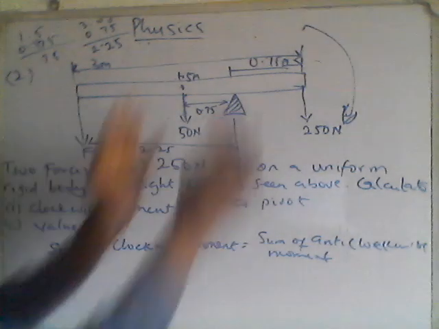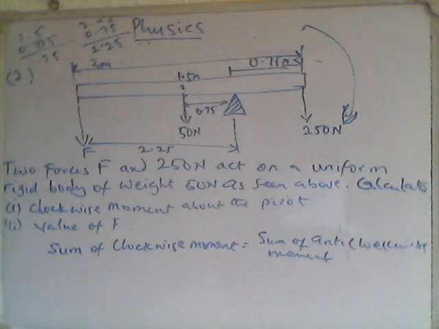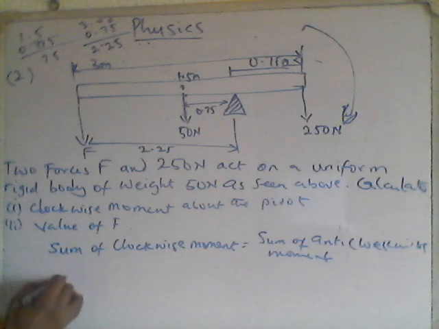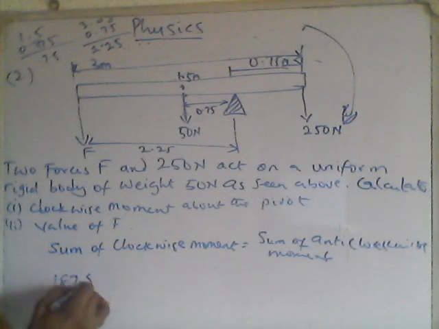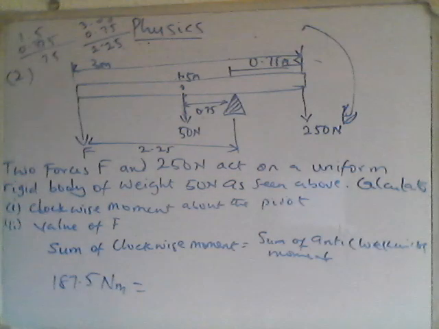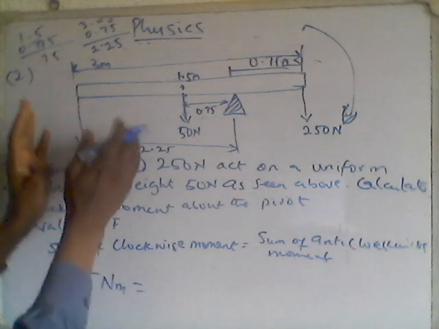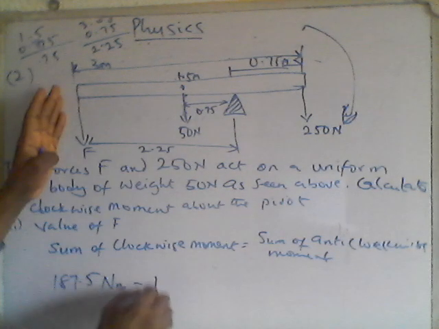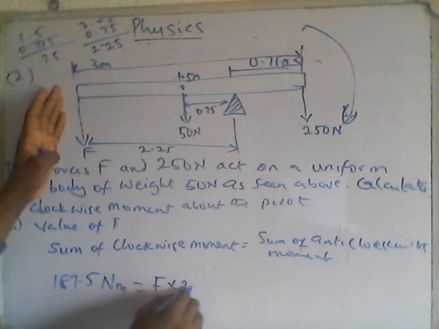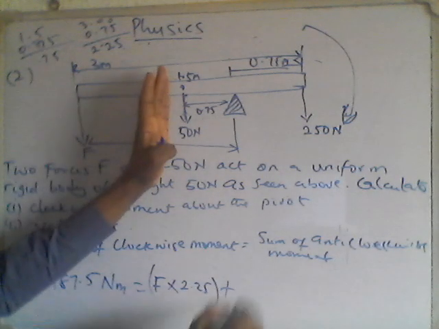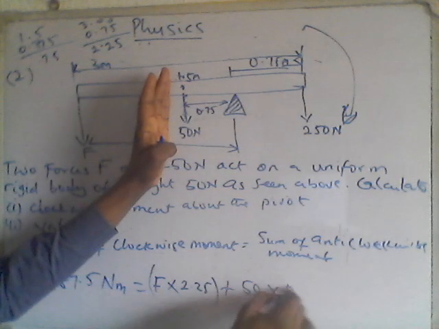I've already gotten my clockwise moment as 187.5 Newton meters. But the anti-clockwise moment is the sum of the moments experienced by the force F with its distance, that is F times 2.25, and the 50 force times 0.75.